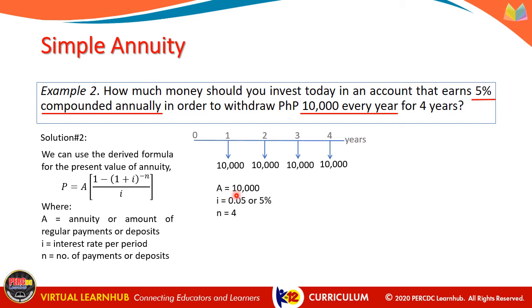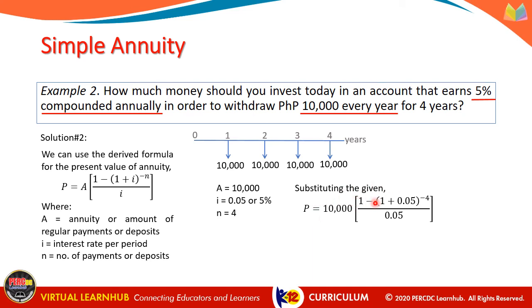A is equal to 10,000 pesos. This is the fixed amount of our yearly withdrawals. I is equal to 0.05 or 5%. We have here 5% compounded annually. Okay? And N is equal to 4. We're going to have 4 withdrawals, 1 every year. Okay?